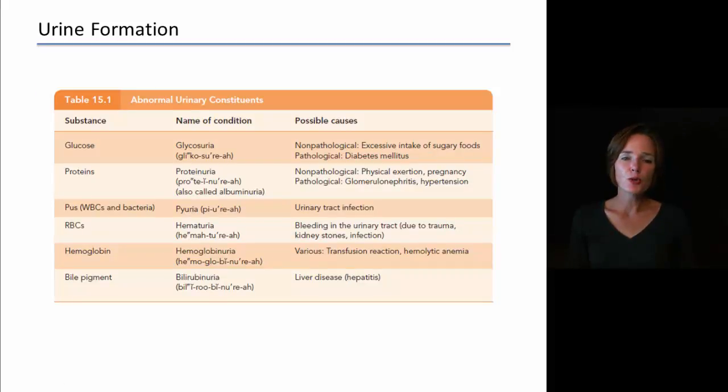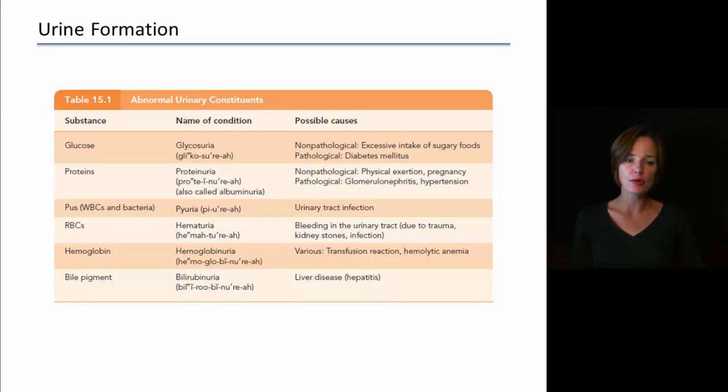In this table right here, we're seeing some of the substances that we might find in the urine. All of these substances listed here would be abnormal, and their presence in the urine would indicate different health conditions. Glucose can commonly be found inside the urine. This might be just because we're taking in too much sugar, eating too many carbohydrates, but it can also be an indication of diabetes.